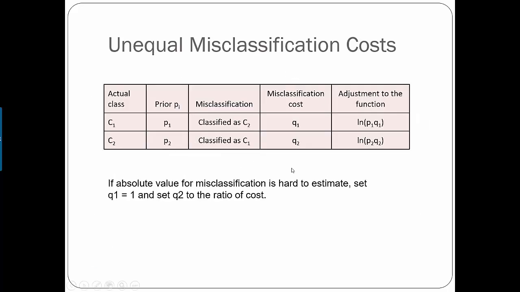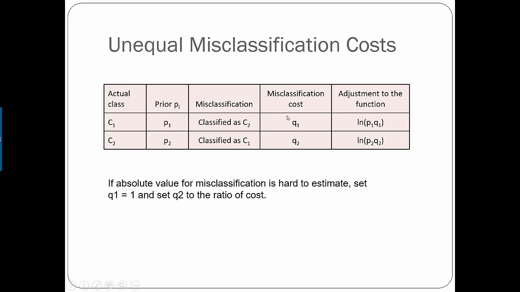So here is a summary of this. We look at an example in Excel. You have the actual class, and it gets misclassified. Here is the prior probability, and here the misclassification cost. Now we're going to put the two together.